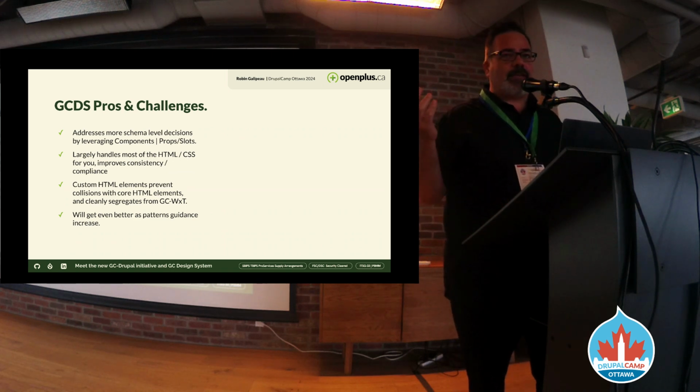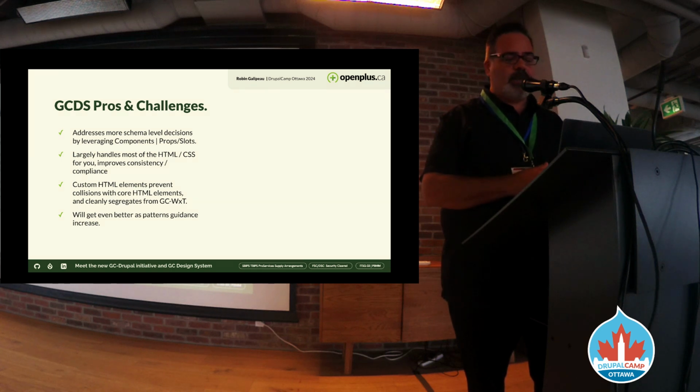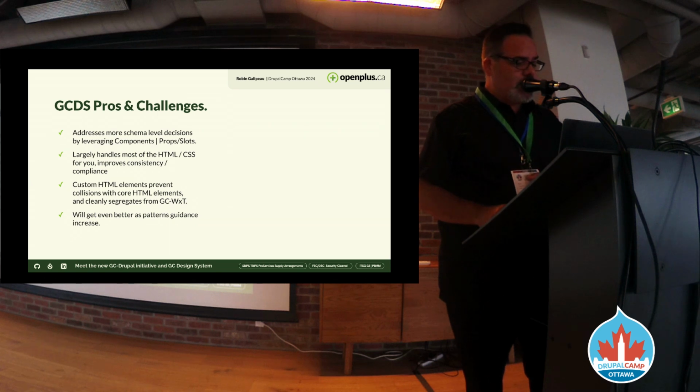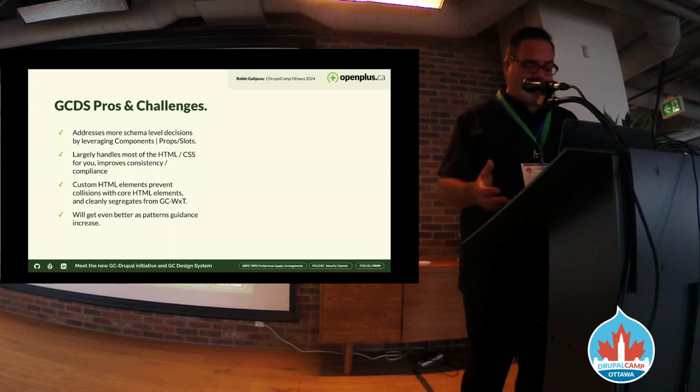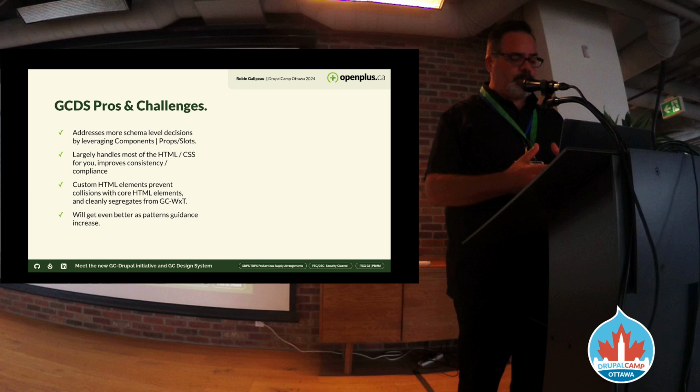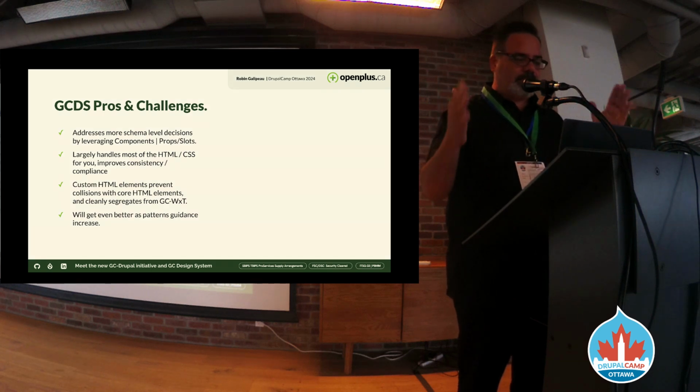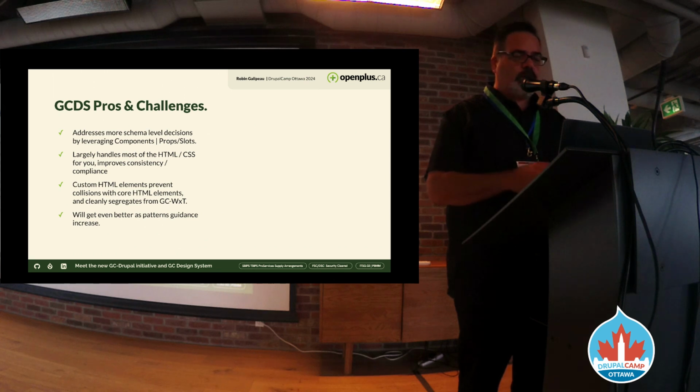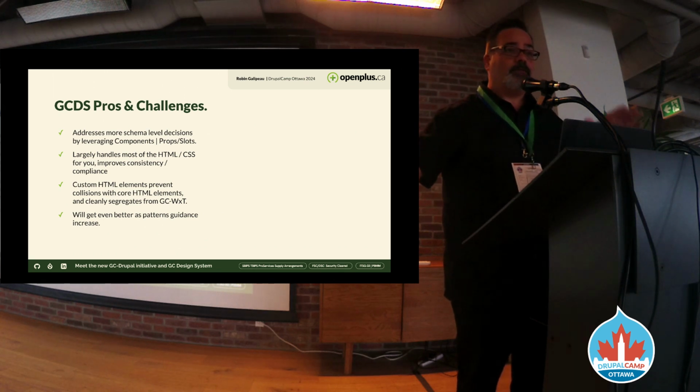So it largely takes care of the HTML markup and the CSS for us, right? So that's going to help with improved consistency and improved compliance. Custom HTML elements help with keeping lanes segregated, right? So less collisions, and it more cleanly potentially segregates away from GCDS.